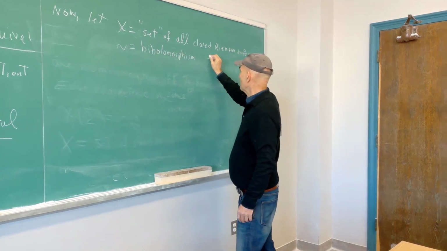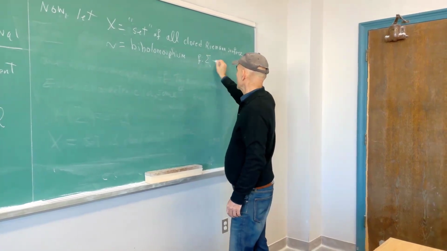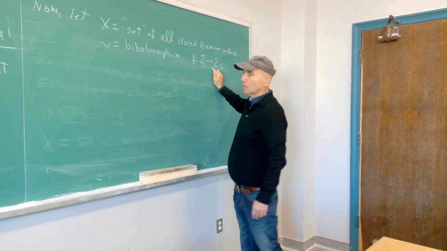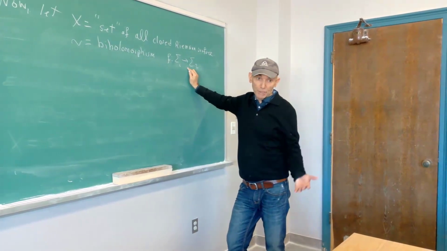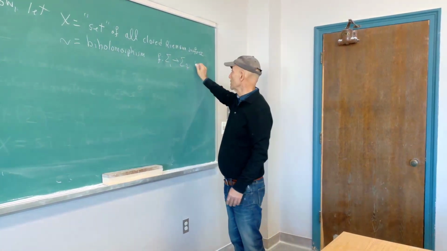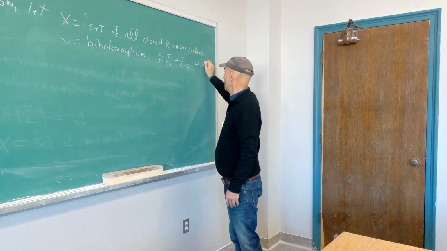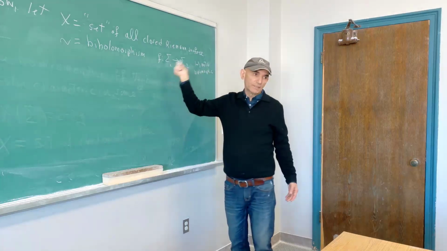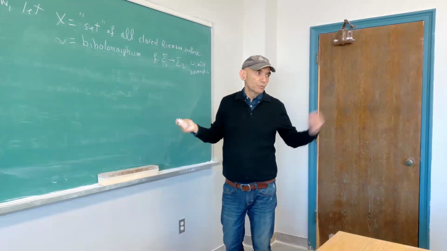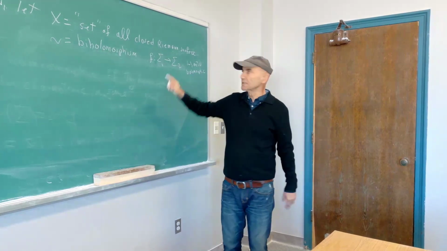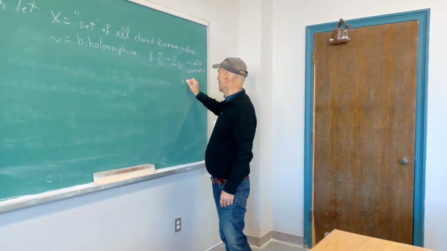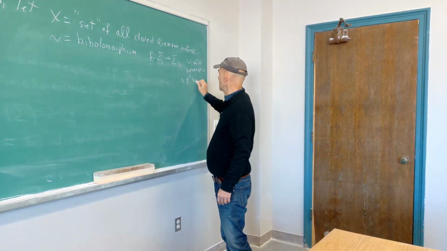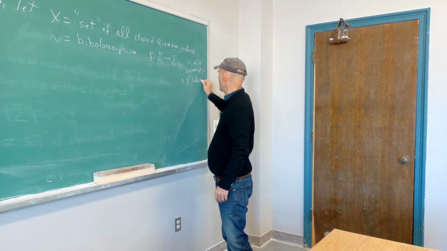So a map F from one Riemann surface to another is called a biholomorphism if it is a bijection, one to one and onto, holomorphic. And then it follows that the inverse is also holomorphic, but we can even put it as a condition, though it follows from these three conditions. And F inverse holomorphic.